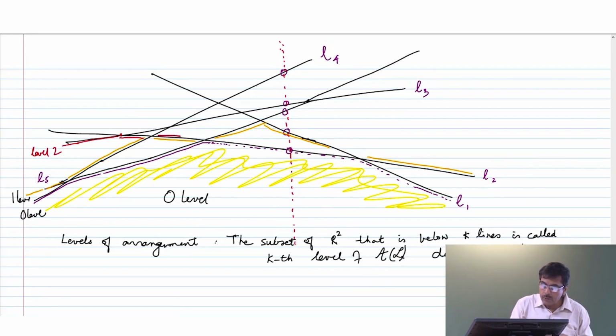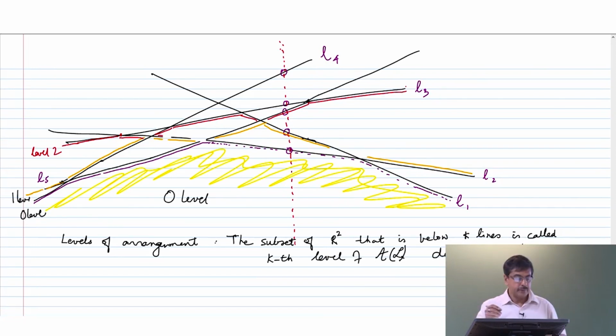Then again I go here, and then I, sorry, I made a mistake. So, I go here because that is the yellow line. It is like the metro lines, right. So, this is level 2.